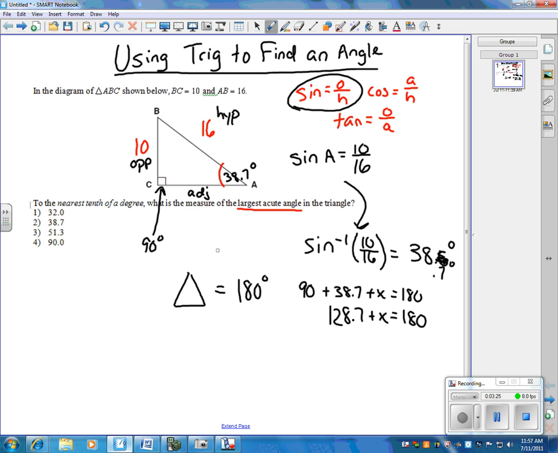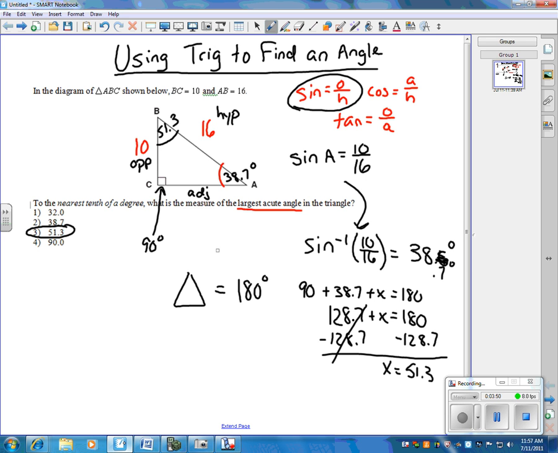Now if we subtract on both sides, we're going to get 51.3 for that last angle. So this angle up here is 51.3. Now 51.3 is larger, so for that reason the answer is going to be 3.